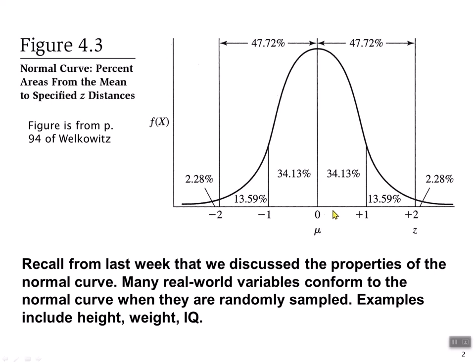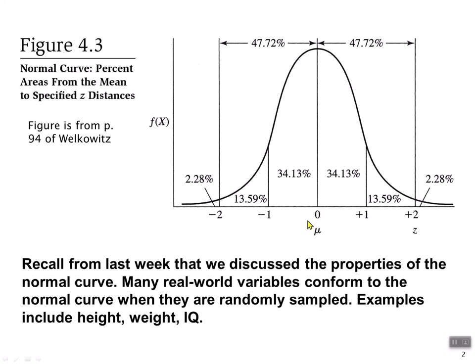So if we were measuring IQ, you would expect that 34.13% of people would fall within this range if you randomly sampled from a given population. And likewise, 34.13% would fall in this range. Now, these are not raw scores, these are z-scores, and typically intelligence tests are set by the creator of the test so that you have a raw score of something such as 100 with a standard deviation of 15.